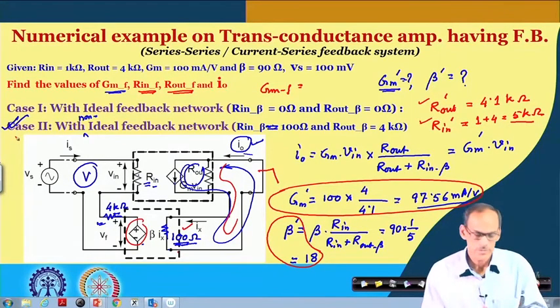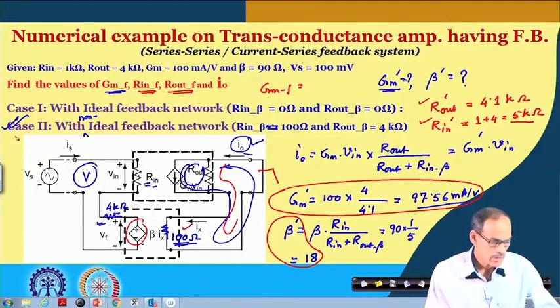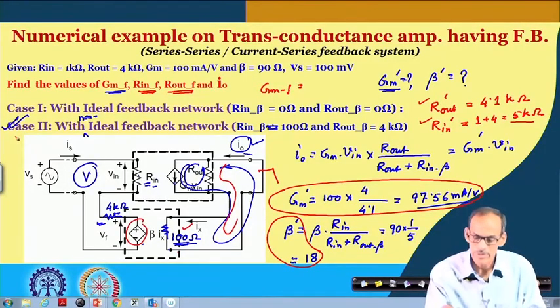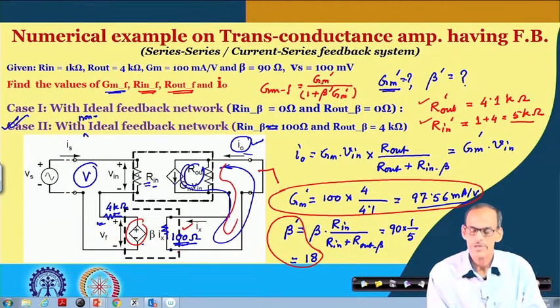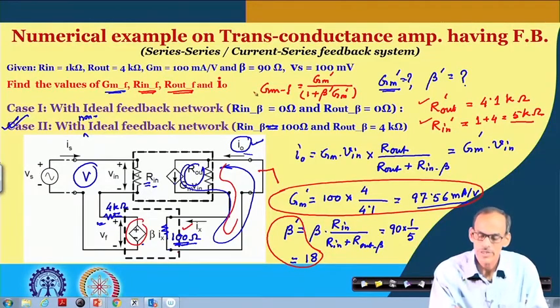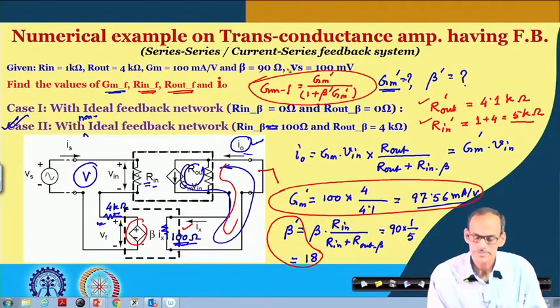So, what is the GMF? You may recall, similar to whatever we have done for the previous case, it should be GM dash divided by 1 plus beta dash into GM dash. We do have an alternate expression also, but let me consider this.